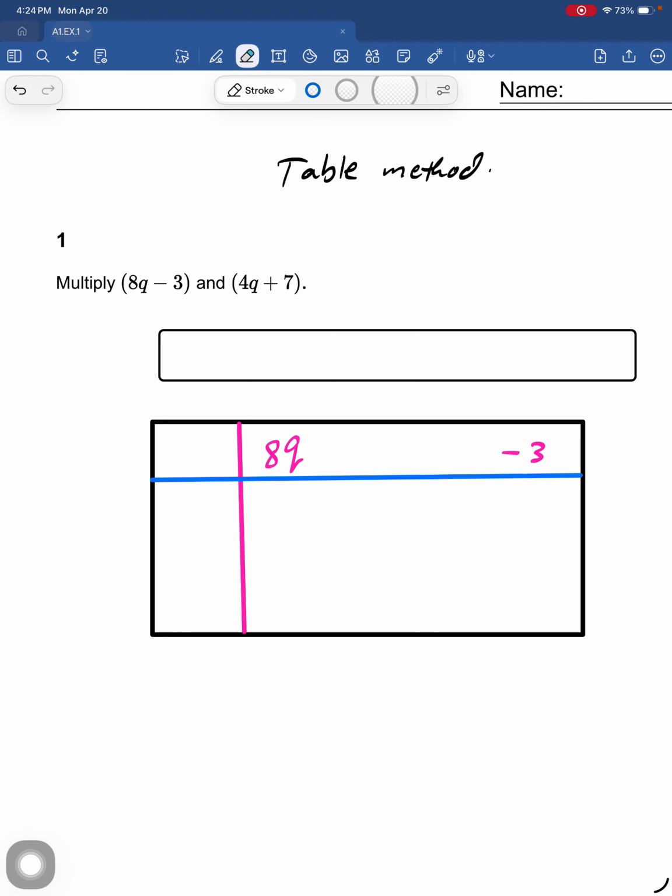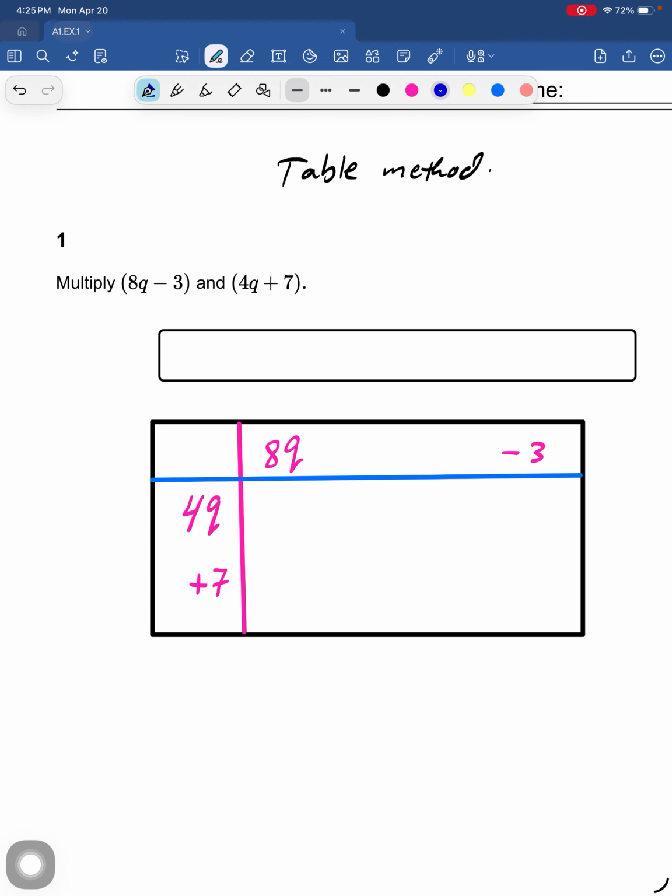When we finish with this side, we can start with the second polynomial. We will start with 4q. Take the 4q and write it down as follows, and then take the 7 and write it down as follows, plus 7.